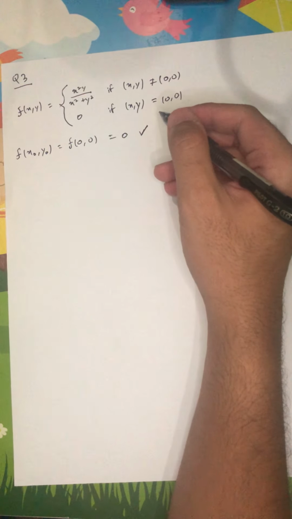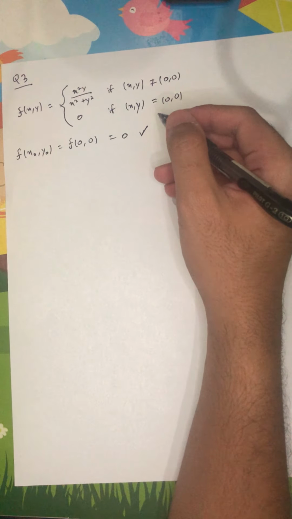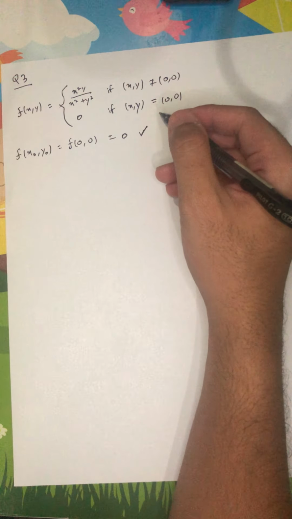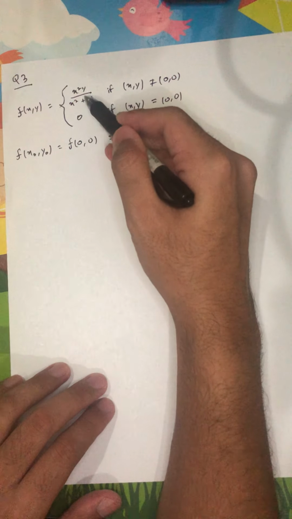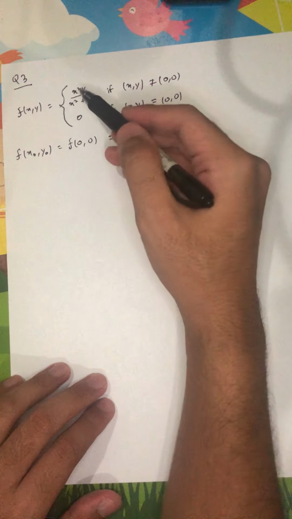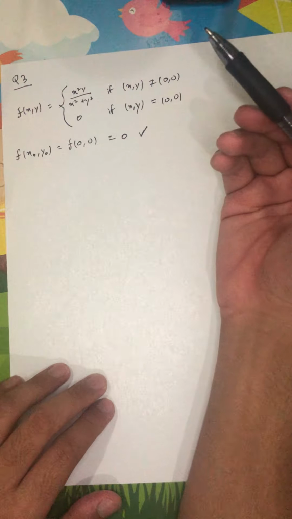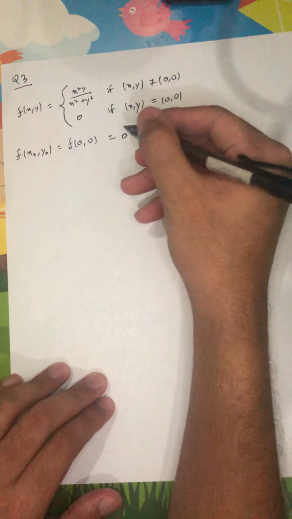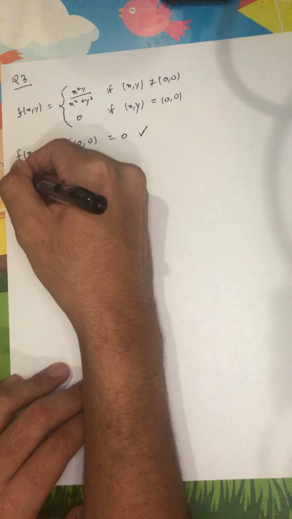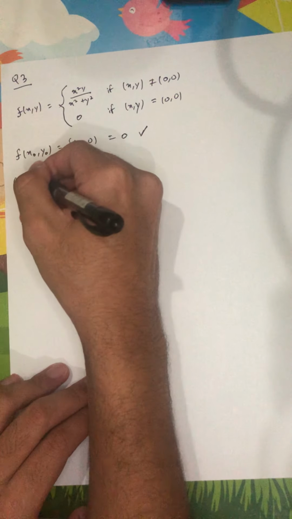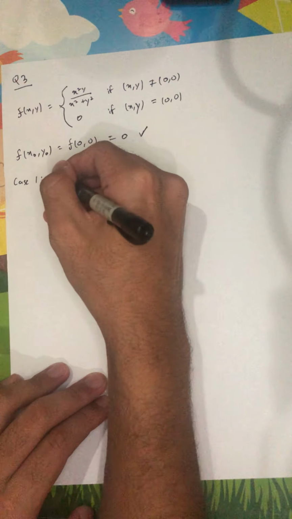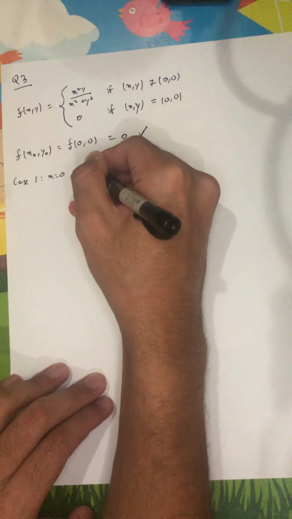Now the second rule is that the limit as (x, y) approaches (a, b) of the function exists. Basically, we need to determine whether this limit exists. So we repeat the same method as what we did in the first 2 questions. We look into the 3 cases because it is approaching 0, 0, right? So case 1, real quick, set x equal to 0 and y approaching 0.